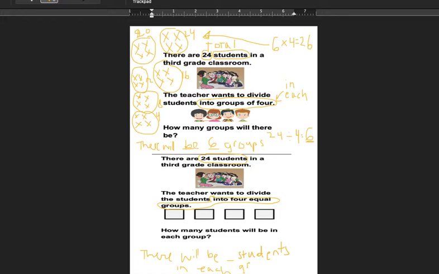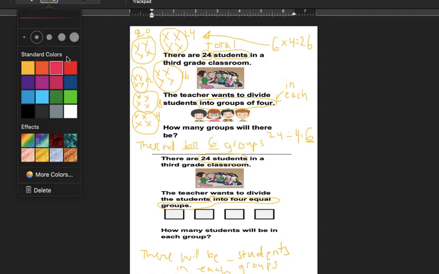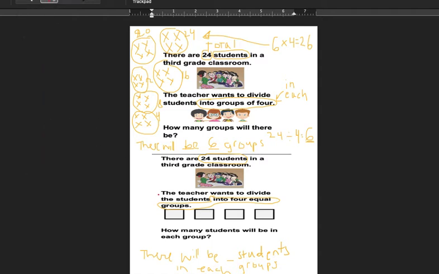So that's what I'm trying to solve for. I can't say there would be 4 students in each group. That doesn't make sense. They have 4 groups already there. And if you did the first one correctly, you'll notice that some of the numbers are even similar as well.